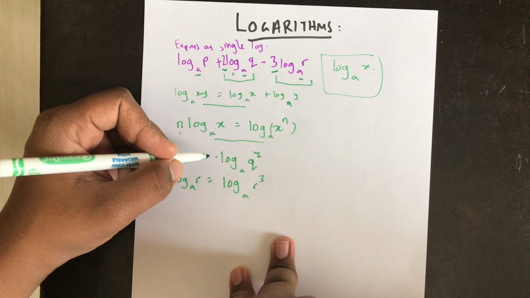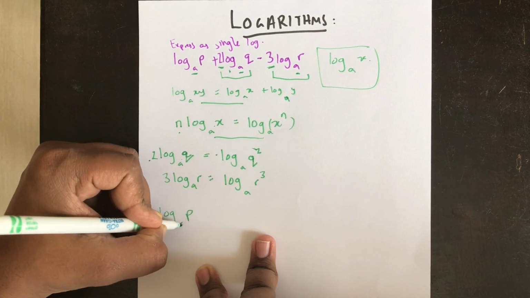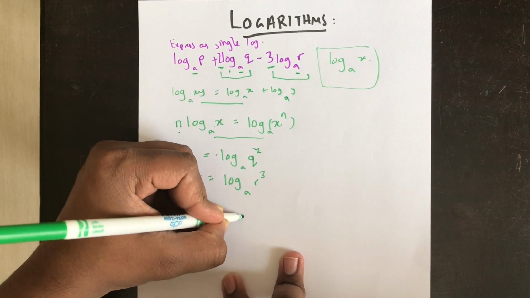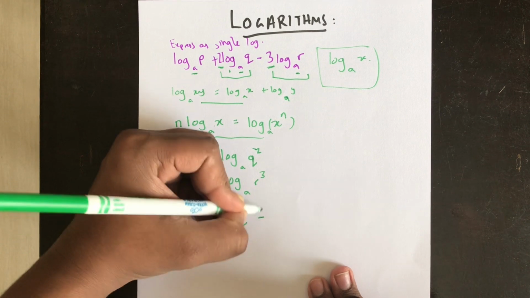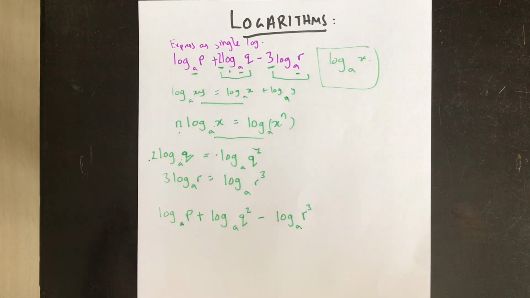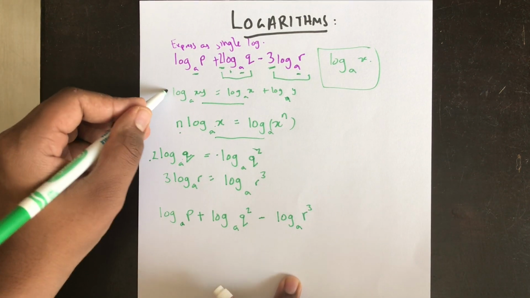So this sum is essentially the same as log p base a plus log q squared base a minus log r cubed base a. Now we know some properties of logs. We know this one.